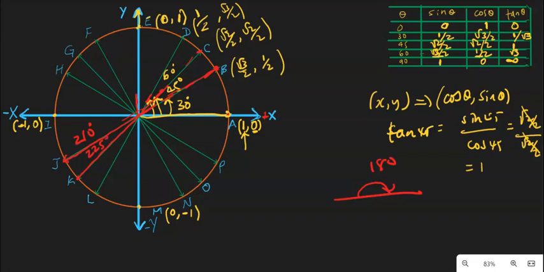And then the same to 60 degree. If I draw a straight line from point D all the way to L, that means 180 degree plus 60 degree gives us 240 degree.